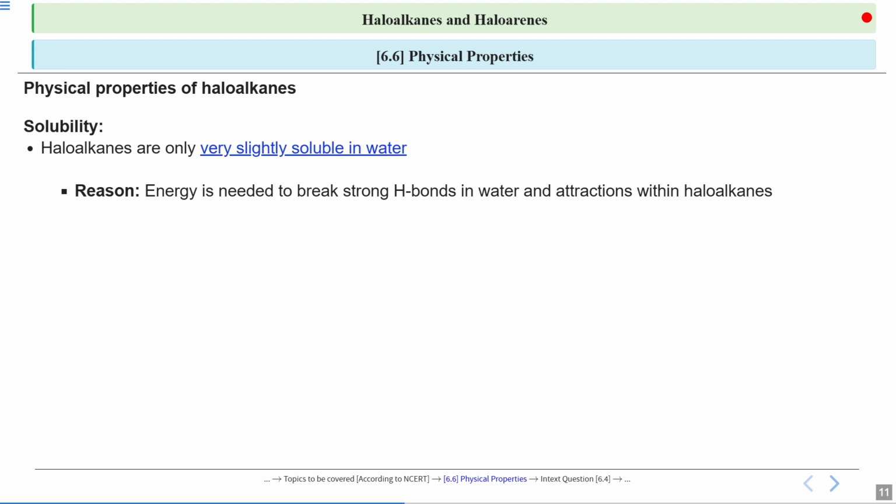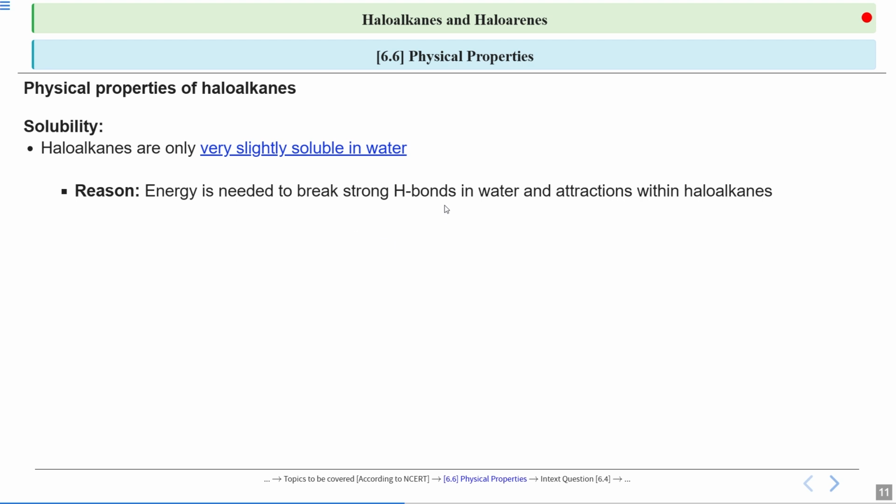And within the haloalkanes, the attractions are also strong, right? So when haloalkanes are added to the water, they need to break these hydrogen bonds in the water and the attractions within the haloalkanes, right?